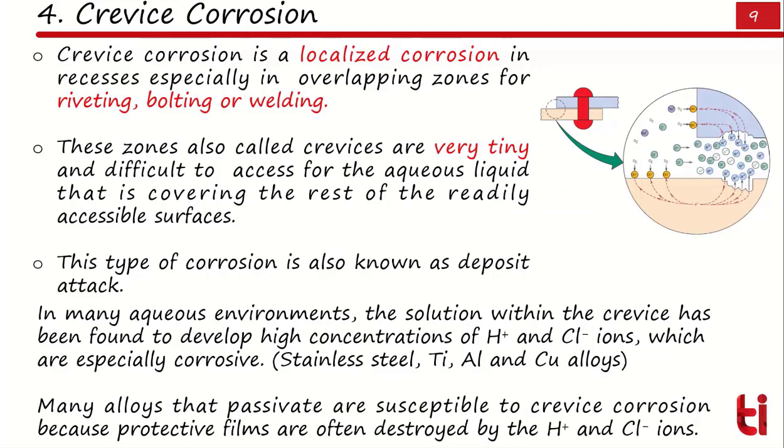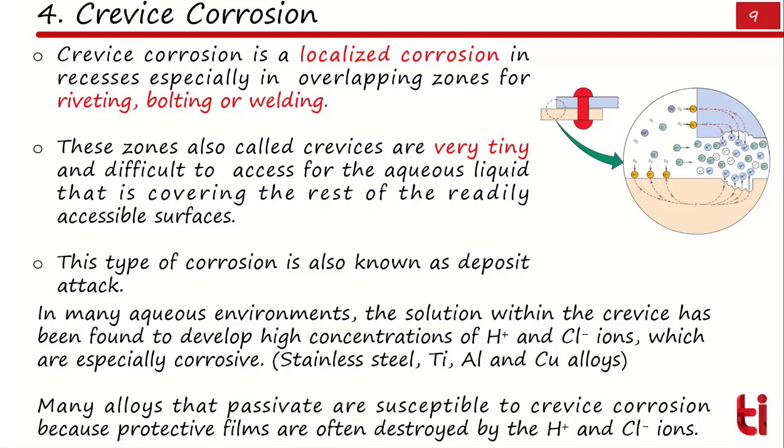The fourth category of corrosion is called crevice corrosion. As the name suggests, this corrosion prevails in regions where there are small air gaps, mainly in the crevice regions of bolted joints.